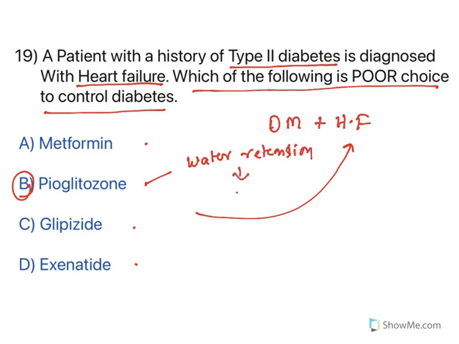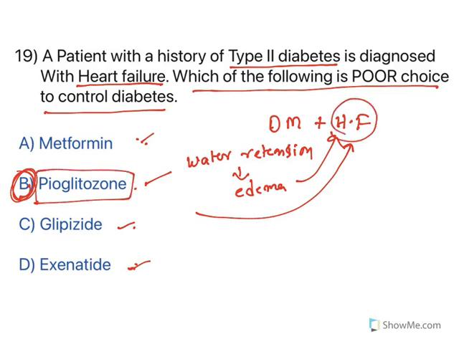It causes edema, and edema worsens heart failure. So, pioglitazone should not be used. Metformin and pioglitazone are both insulin sensitizers, glipizide is an insulin secretagogue, and exenatide is an incretin analog. The remaining three can be used safely, but pioglitazone you should not use in a condition of heart failure and diabetes mellitus because it causes edema.